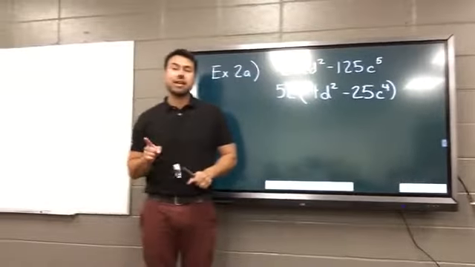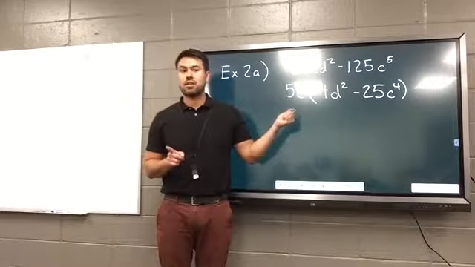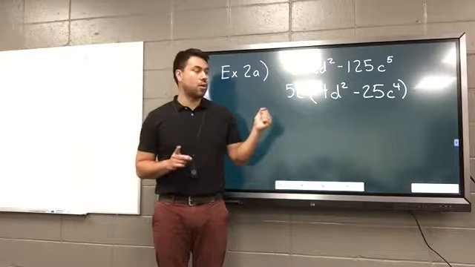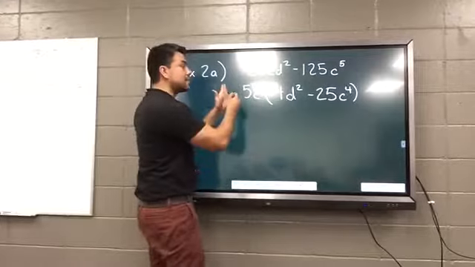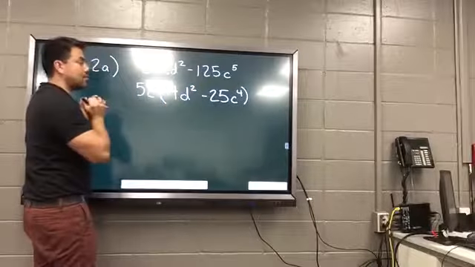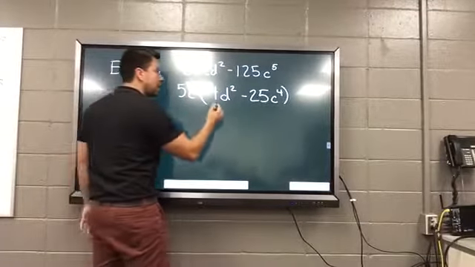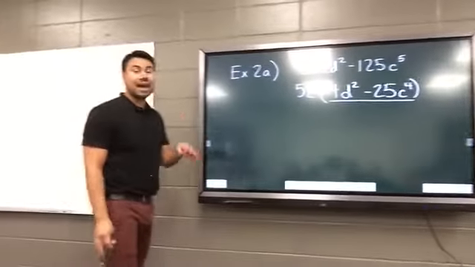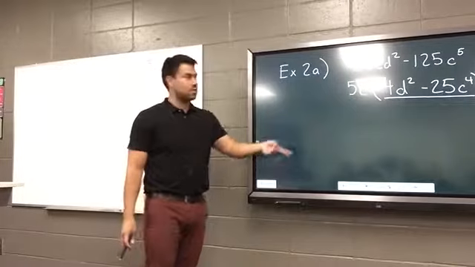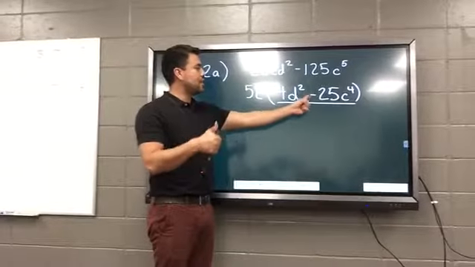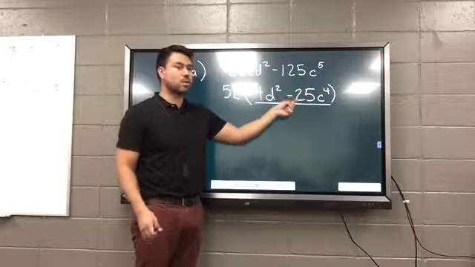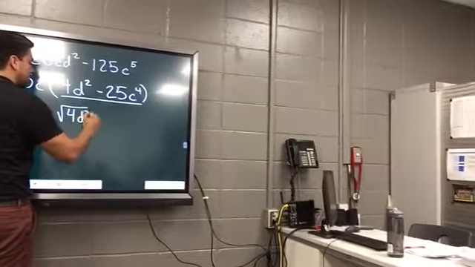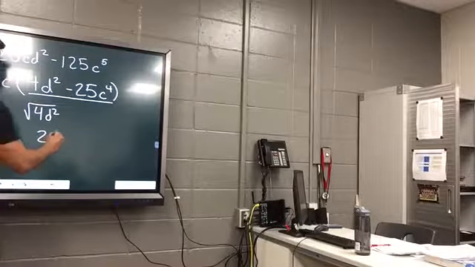How many of you are okay with the GCF coming out and you're being left with this? Is this factored? Yes. Is it factored completely? No. This is factored, but we always want to factor it completely as far as we can. Looking at the expression in the parentheses, is that a difference of squares? Yes. Are these two able to be square rooted? What's the square root of 4d squared? 2d.